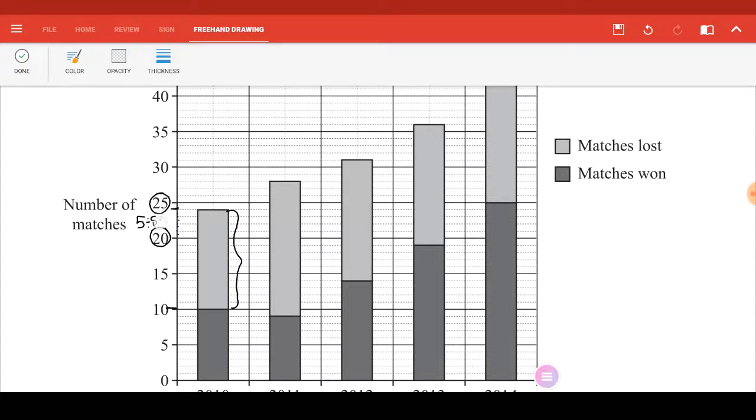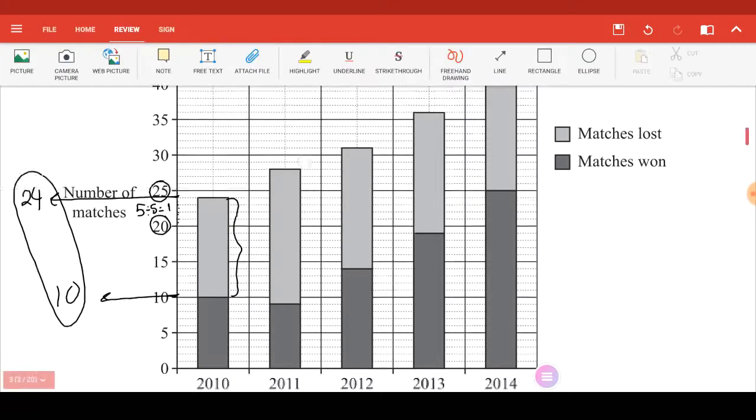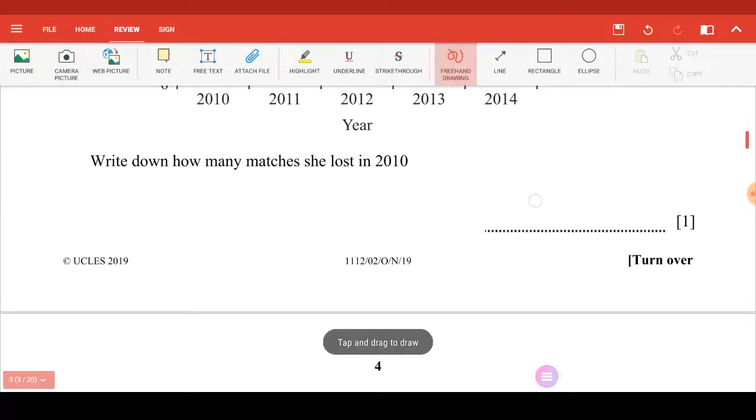So the answer gives you 1 match for each square unit. So it's 21, 22, 23, 24, and this is 24. And this is 10. So the matches she lost in 2010 is 24 minus 10, which is 14 matches.